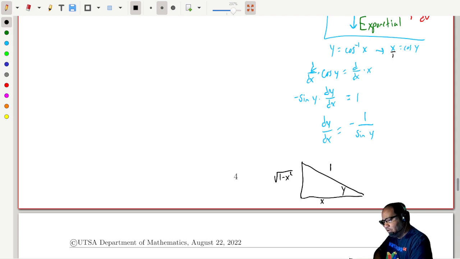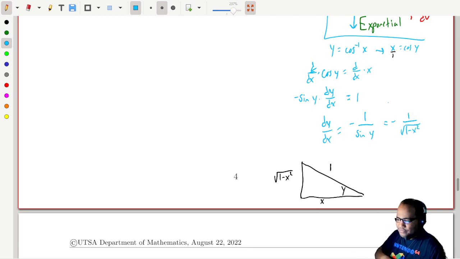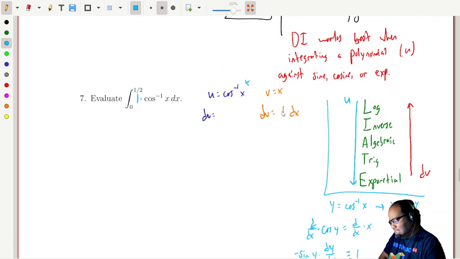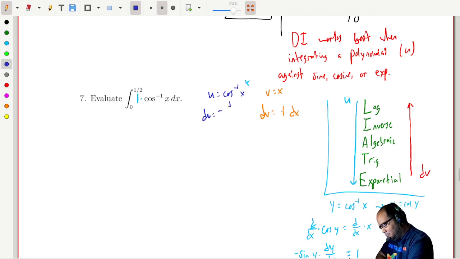Sine is opposite over hypotenuse: square root of 1 minus x squared. So this is minus 1 over the square root of 1 minus x squared. And that's our derivative. Again, you can always look this up in a table when you practice, but this is just a good way I like to reverse engineer it. So after all that nonsense, we get that du is minus dx over the square root of 1 minus x squared.